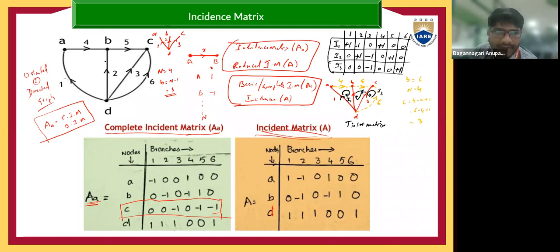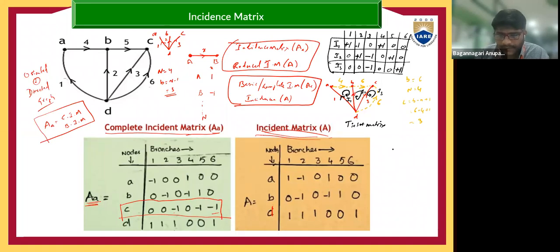The oriented graph has a direction, so we take the same direction for the links, the link current, as the loop current. Is that okay? Am I clear with this? The directions start from the oriented graph itself.